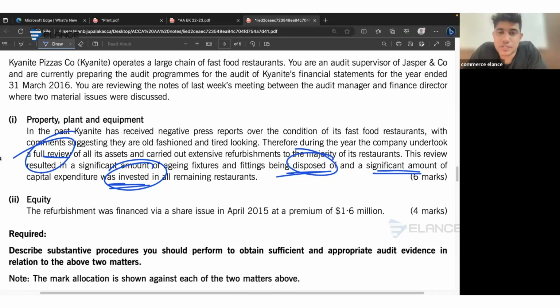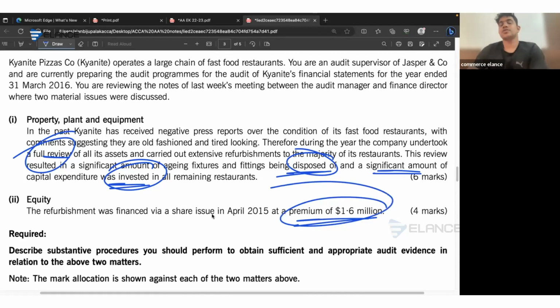Exactly. We have to review the split between share capital and share premium in order to confirm that the nominal value of shares is included within the share capital, and any amount of premium of 1.6 million received is included within the share premium account. Clear? Because they have told us that they have made the share issue at a premium of 1.6 million. So the amount of premium should be included within the share premium account, and only the nominal value can be included within the share capital.